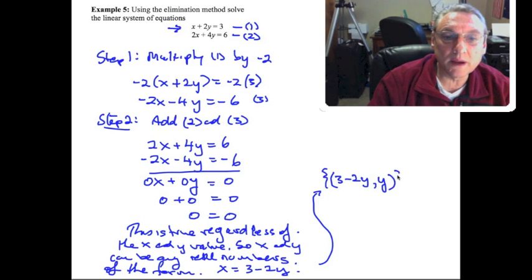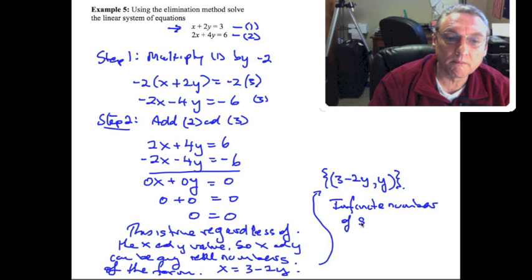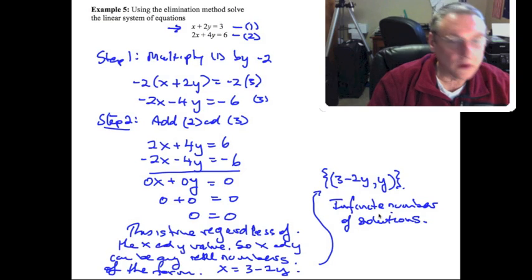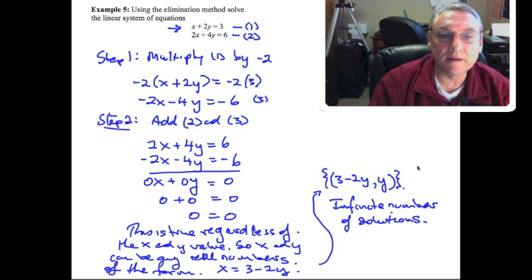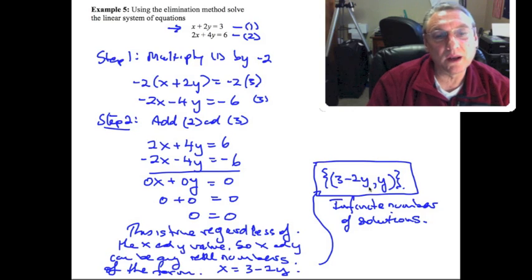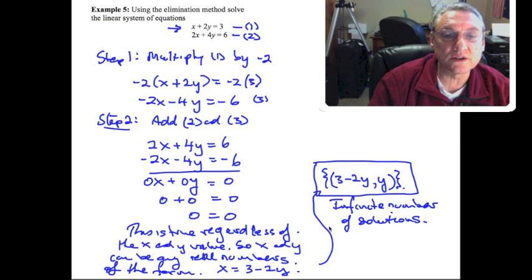So these are the ordered pairs of the form that we have, and there is an infinite number of solutions. Okay, and the solutions will have this form. So we can actually specify the kind of points that occur.